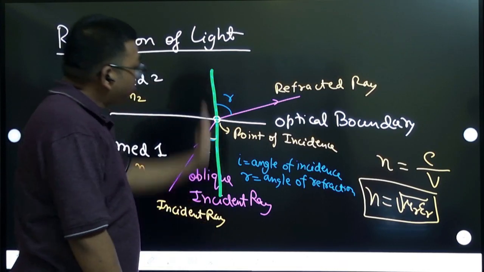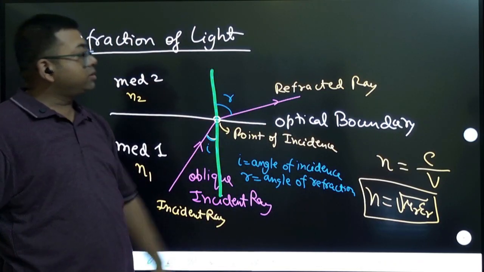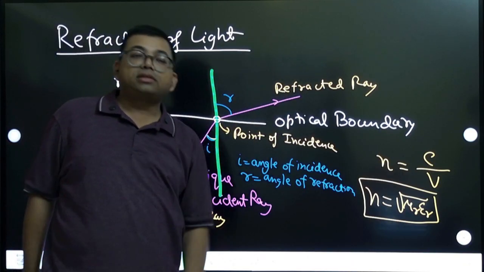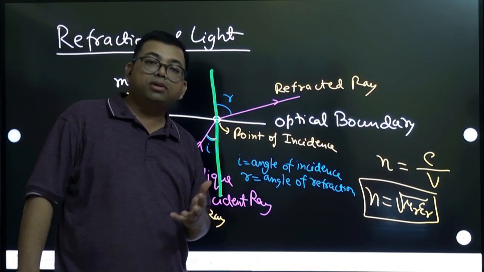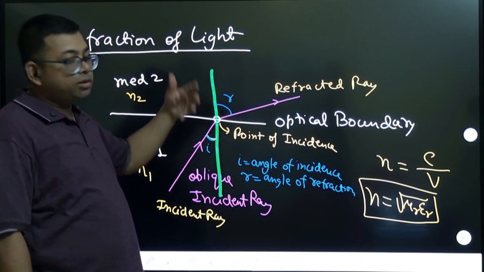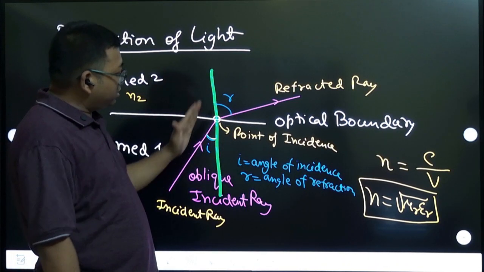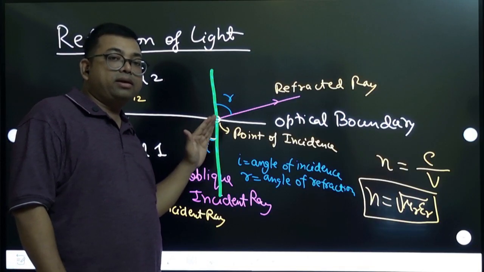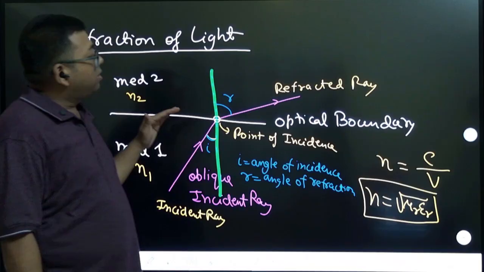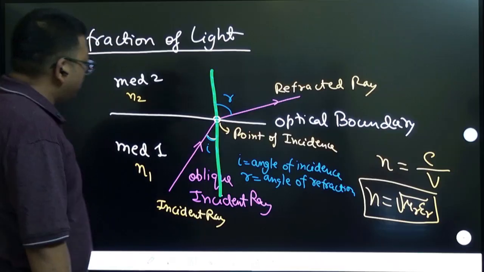If it is perpendicular, then it will go without bending, and if it is parallel, then it is going along the boundary itself. It is not going from one medium to another medium, right? So the ray of light has to go from one medium to another medium. Then the ray of light has to be incident this way, making some angle i. Then in that case the ray will bend. That is what it is.